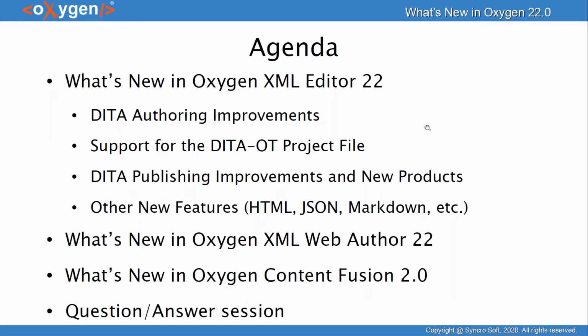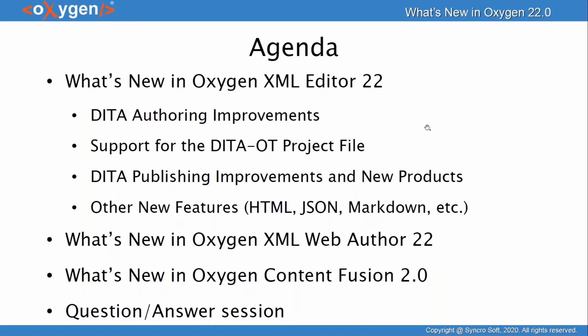So the agenda for today is I will show you highlights of what's new in Oxygen XML Editor 22, which also encompasses author and developer, depending on the actual features and document types. And I'll show you improvements for DITA authoring, the support for the new DITA-OT project file.